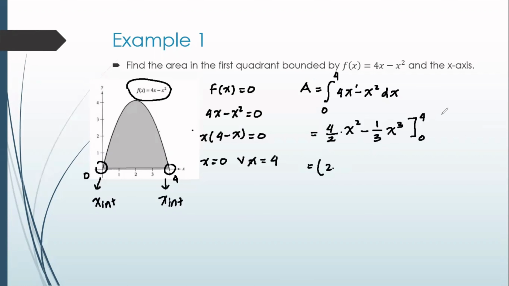2 times, substitute x becomes 4, 4 squared, minus 1 over 3 times 4 cubed, minus, 2 times 0 squared minus 1 over 3 times 0 cubed. Let's calculate this one first.